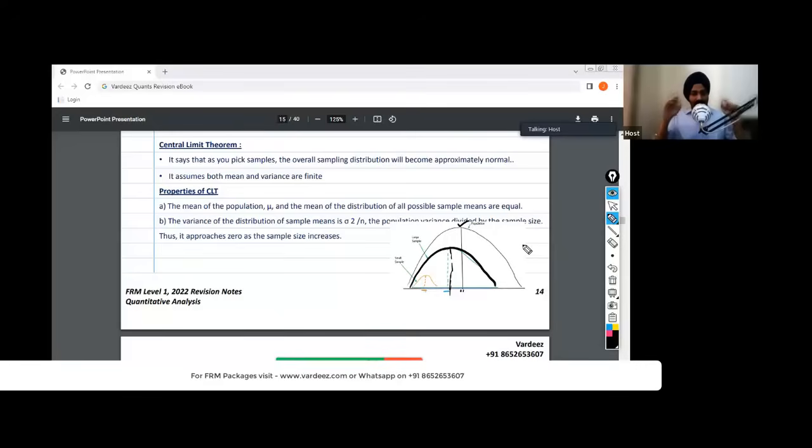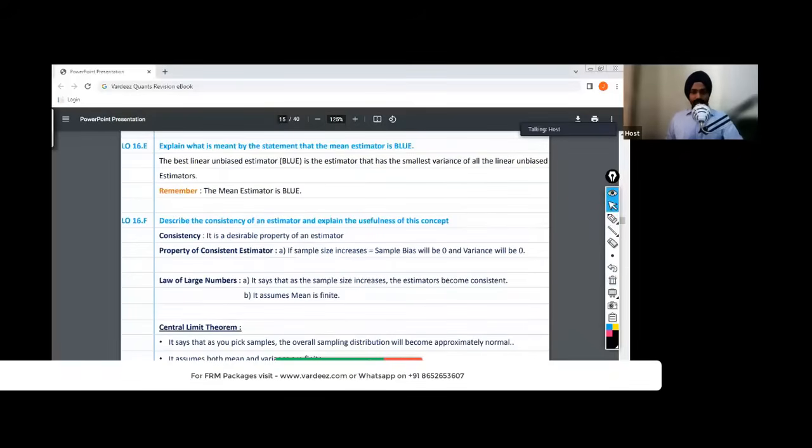And that's what consistency tells you, that if you increase the sample size like this, then the bias will be 0 and the variance will also be 0. So if the sample size increases, bias will be 0, variance will be 0.